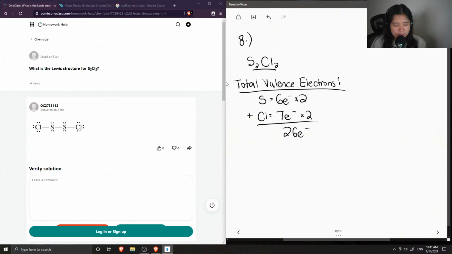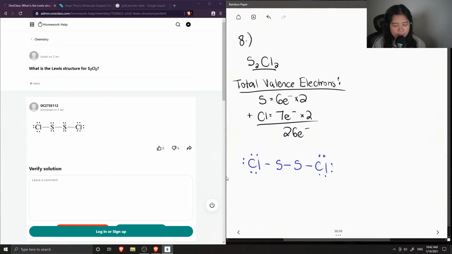Sulfur is less electronegative than chlorine, so I'm just going to write the 2 sulfurs as our central atoms, each having a single bond to a chlorine. So now let's fill in all of the lone pairs on our terminal chlorine atoms. And let's count out how many I've drawn so far.